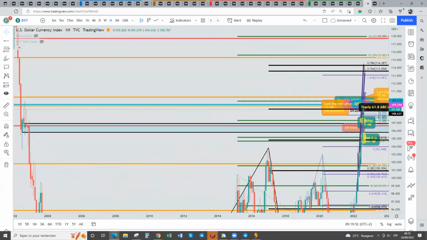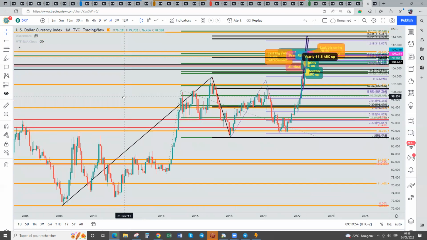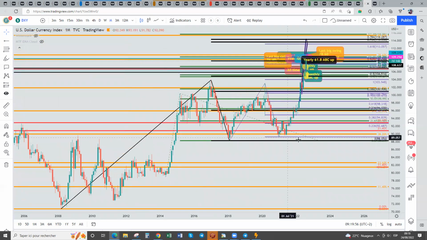This one has not been completed yet. It is starting here, the green ABC you see here, and the 1-to-1 extension has not been touched yet. We stopped a little bit before, on the quarterly order block.